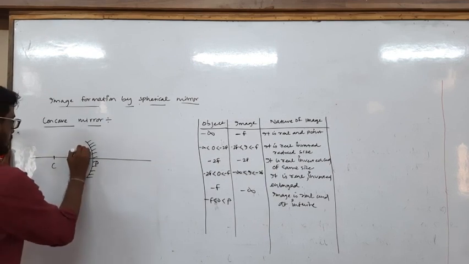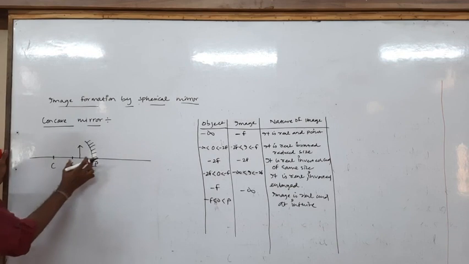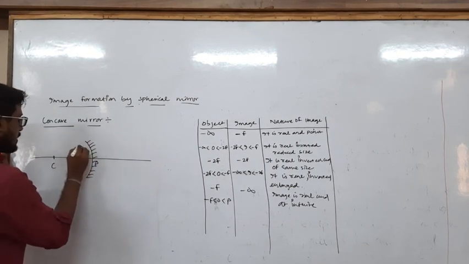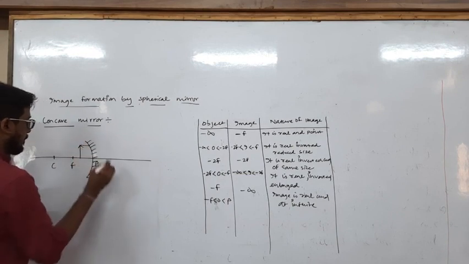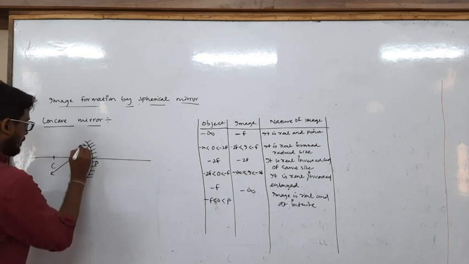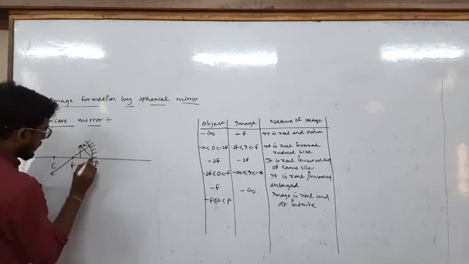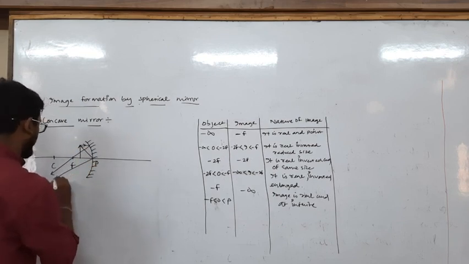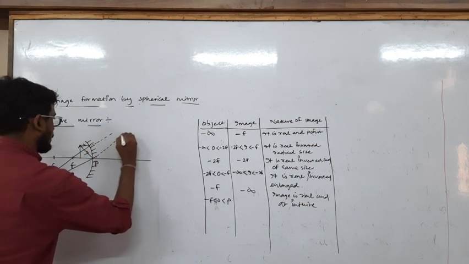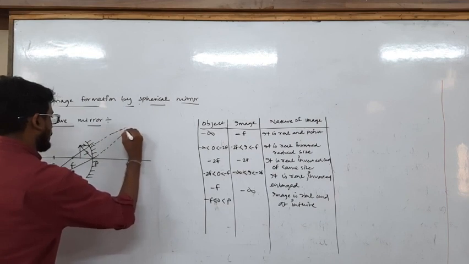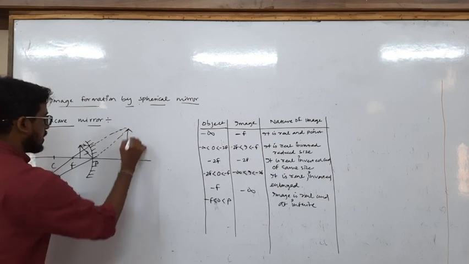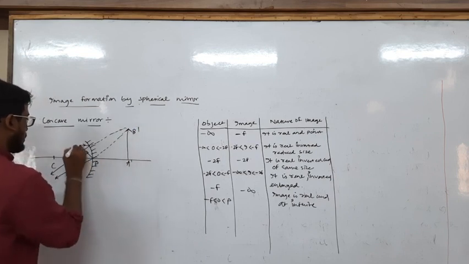If the object lies between F and P, that means if the object lies in the region C, then the image will lie in region D. This will be the image A dash, B dash, and this is the object AB.